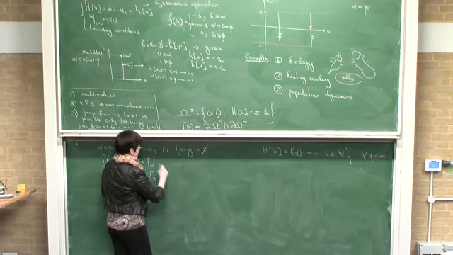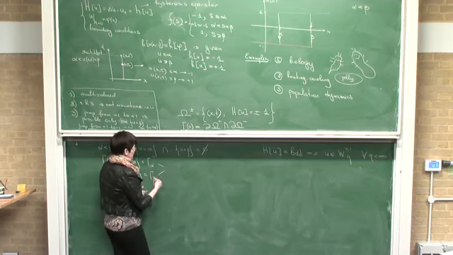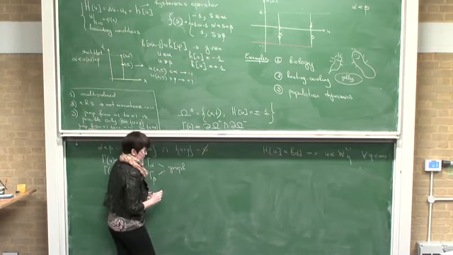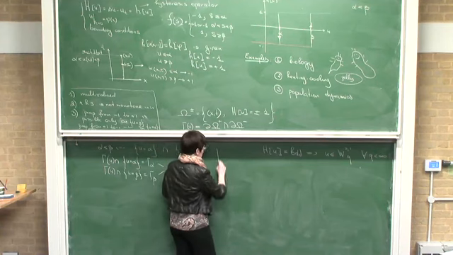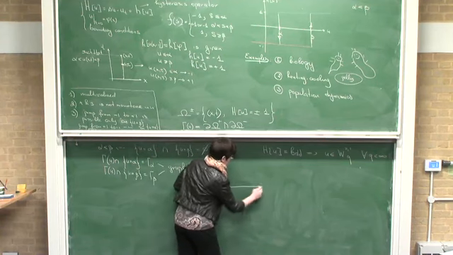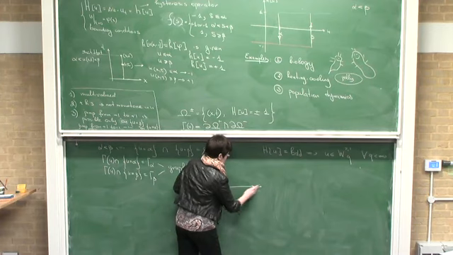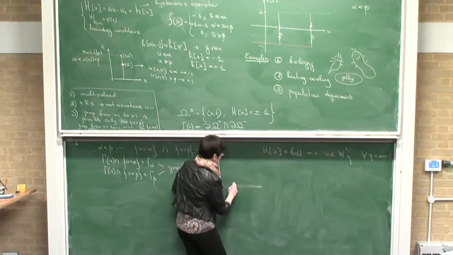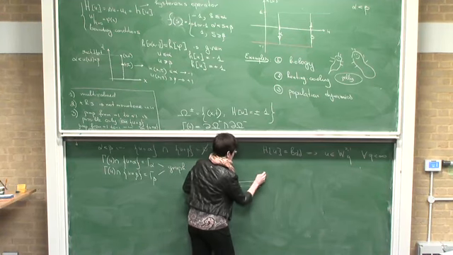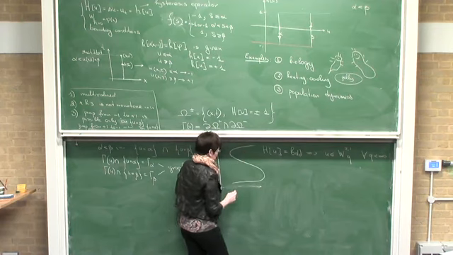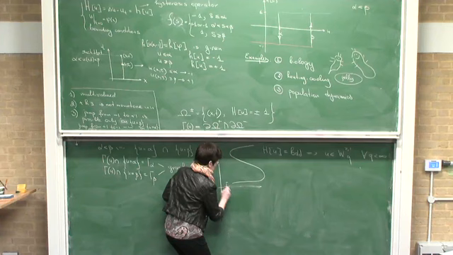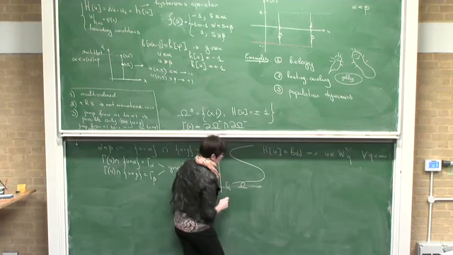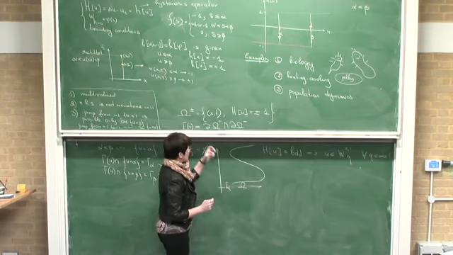From the definition, it's clear that gamma alpha and gamma beta are graphs. But what can we have here? Let's say this is the t direction, and this is gamma alpha.